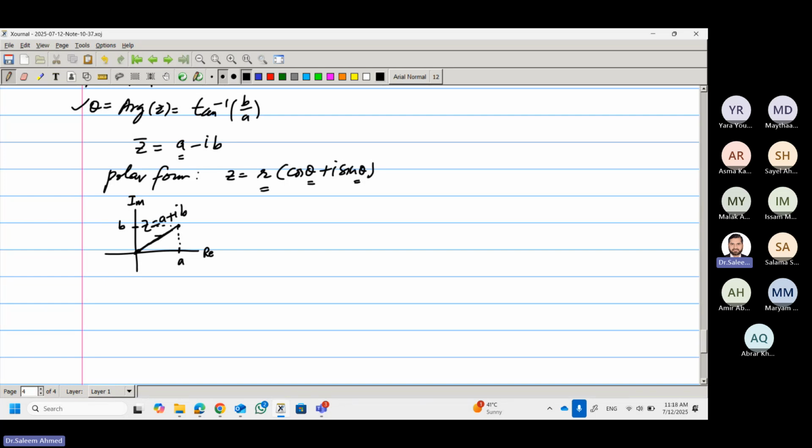The length of this vector is your r, and the angle it makes with the x-axis is theta. So if the question is to show this complex number on an Argand diagram, you can do it like that. This is exactly the xy plane that we use in calculus, but for complex numbers they call it an Argand diagram.